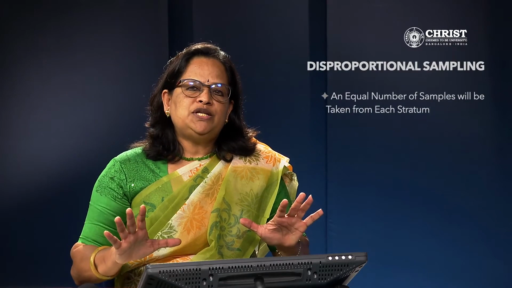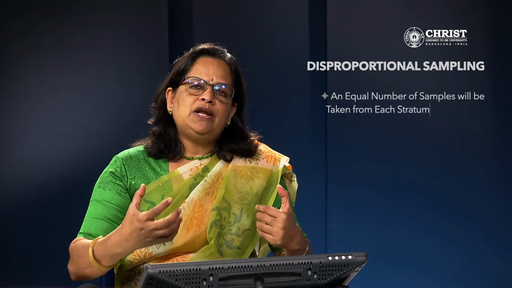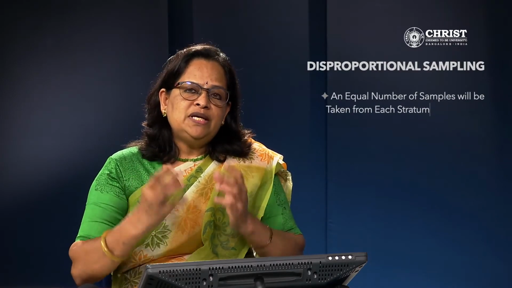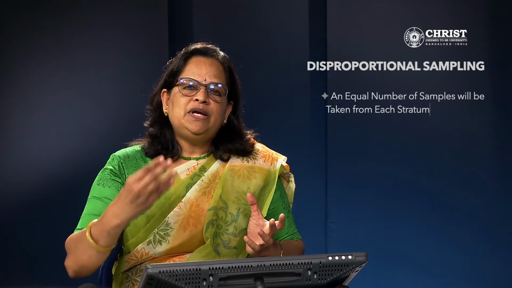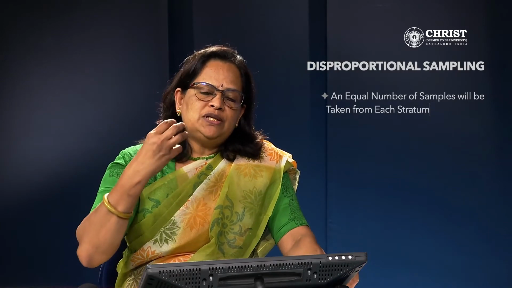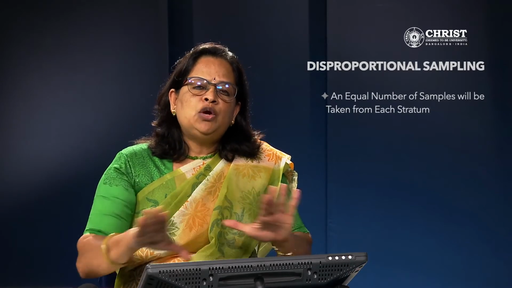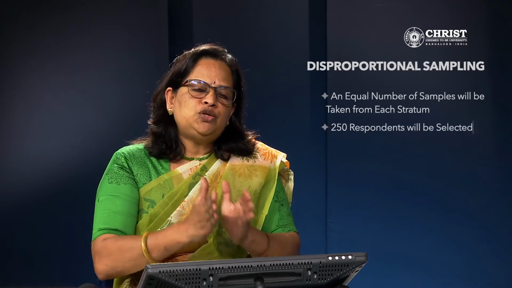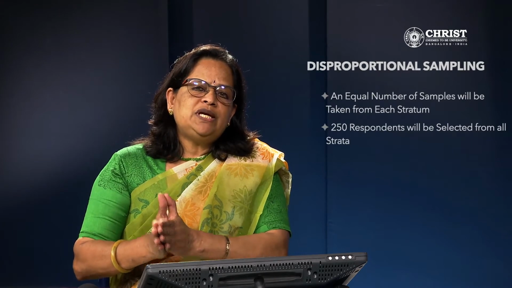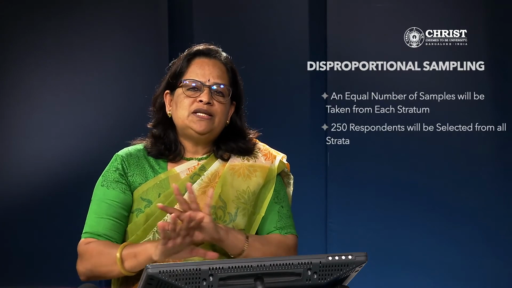The second is the disproportional sampling method. In this method, I will not give any weightage to the population. An equal number of samples will be taken from each strata or type. That means regardless of the population in zones A, B, C and D, I will take an equal number: 250 from A, 250 from B, 250 from C and 250 from D as respondents.